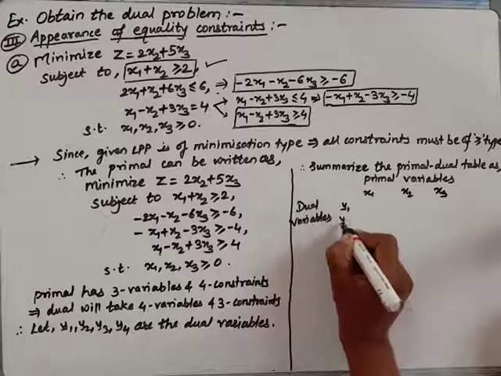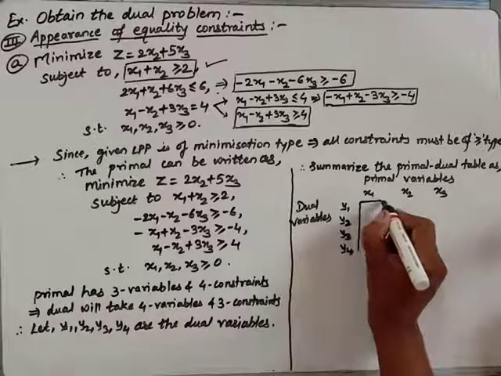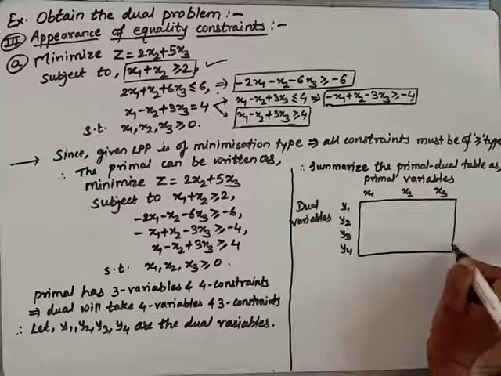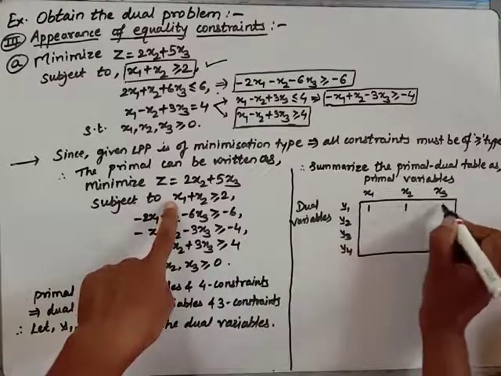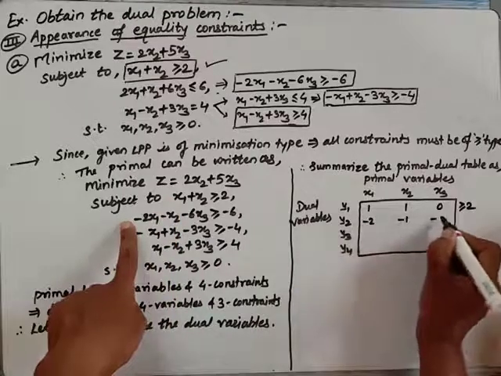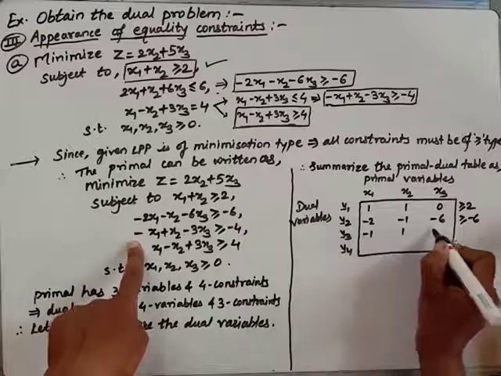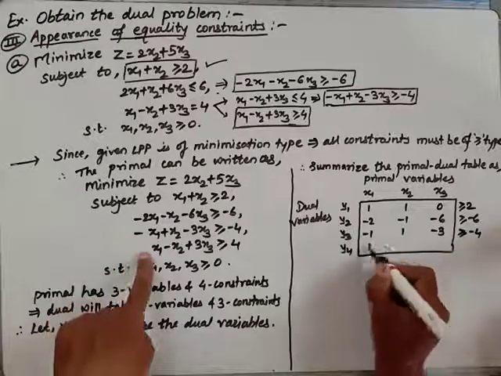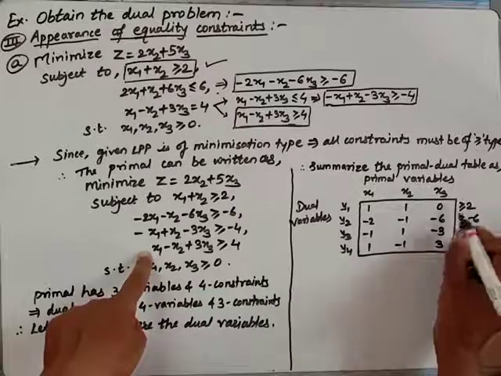Dual variables are y1, y2, y3, y4. So let me write the coefficients of them from the constraints, with the right hand side constants. Here it is 1, 1, 0 greater equal 2. It is -2, -1, -6 greater equal -6. Then -1, 1, -3 greater equal -4. Then again 1, -1, 3 greater equal 4. Now these are greater equal type.